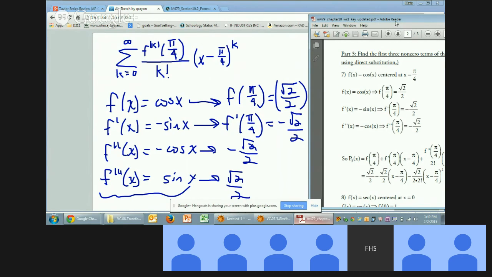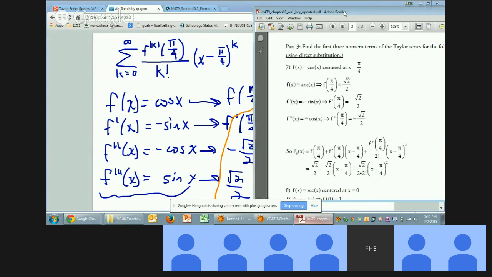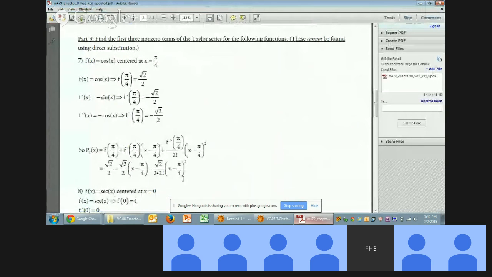Once you have these coefficients, you're done, right? This is the hard part of the problem, finding these coefficients. Because the rest of it, you're plugging into a formula, like a recipe. And that recipe is that sigma notation I was showing you before. So you can see I've got my coefficient of root 2 over 2. Then f prime at pi over 4 was negative root 2 over 2, divided by 1 factorial, but you don't need to do that.